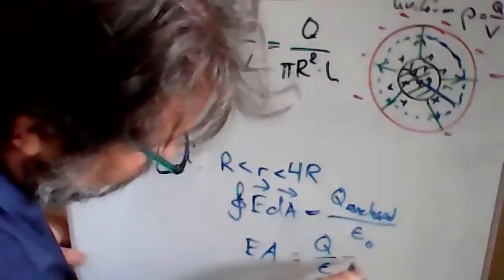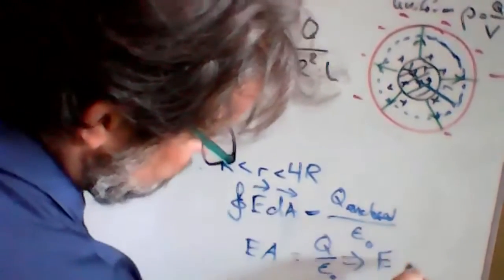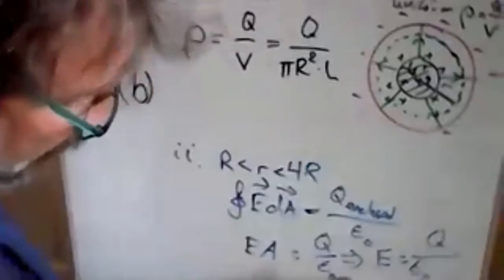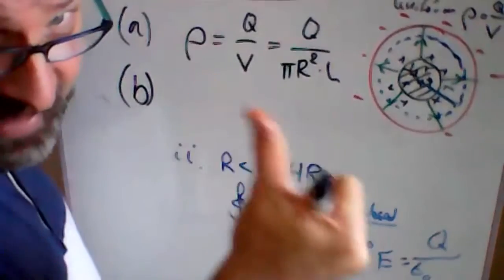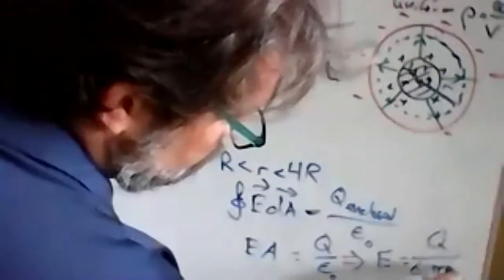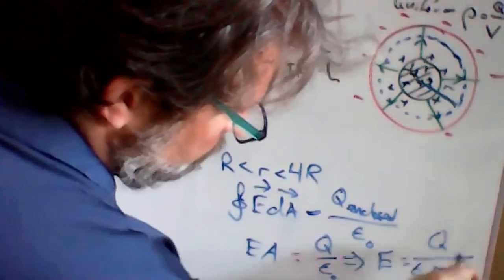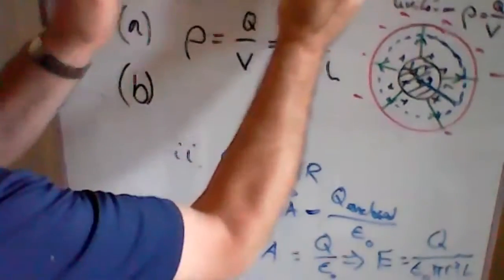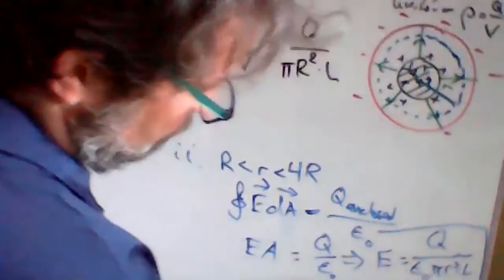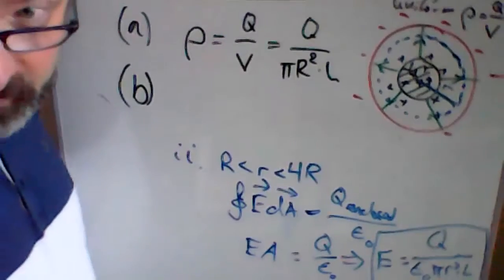We can say E equals Q over epsilon naught, and then the area goes to the bottom, and of course that cylinder has a base of pi r squared, and then a length L for how much of the cylinder is being pierced by that flux, and we can box it and feel very good about our life.